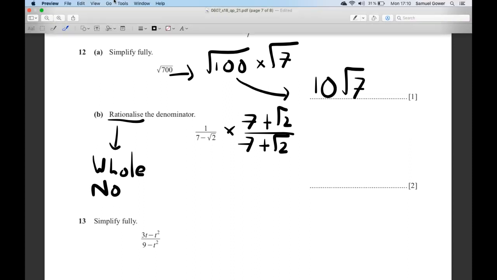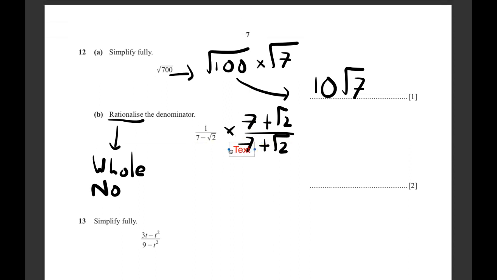Now let me bring up a text box. If I multiply the bottom by 7 minus root 2, let's write it like this, by 7 plus square root 2, we use FOIL like we did before, and watch what happens. 7 times 7 is 49. 7 times plus square root 2 is plus 7 square root 2. 7 times minus square root 2 is minus 7 square root 2.